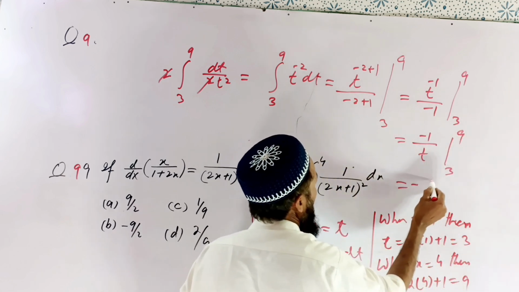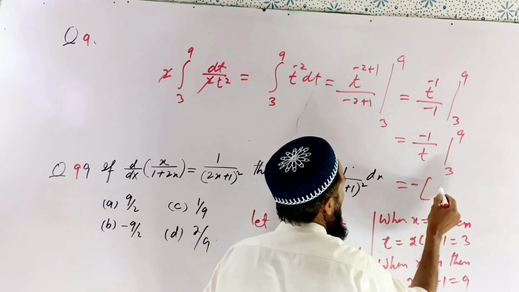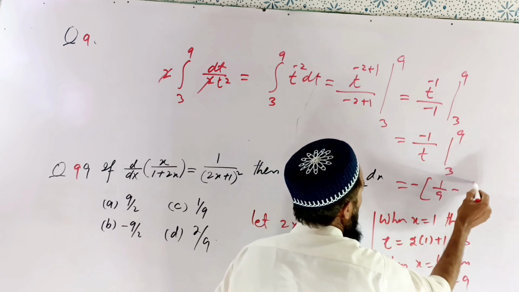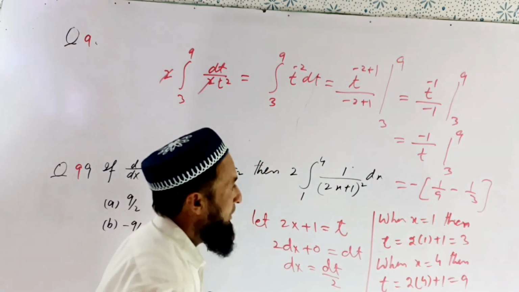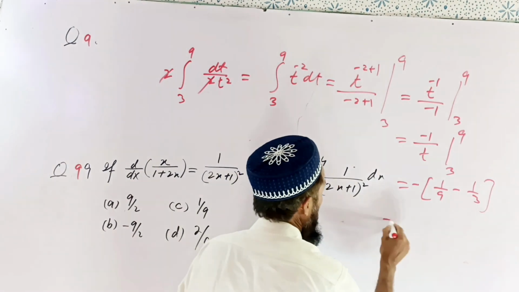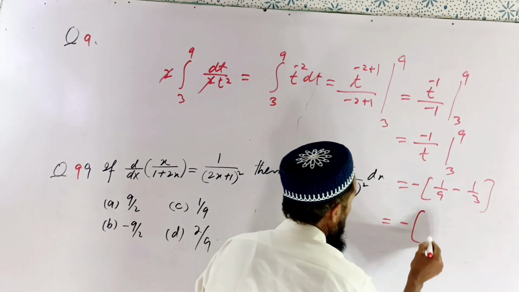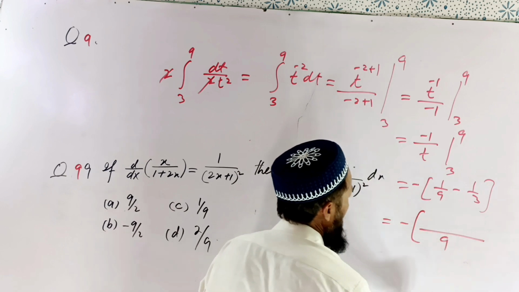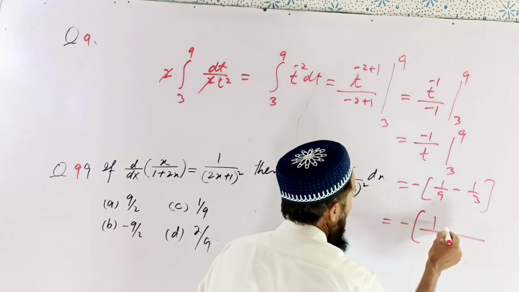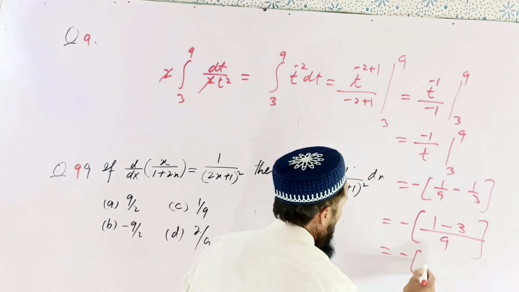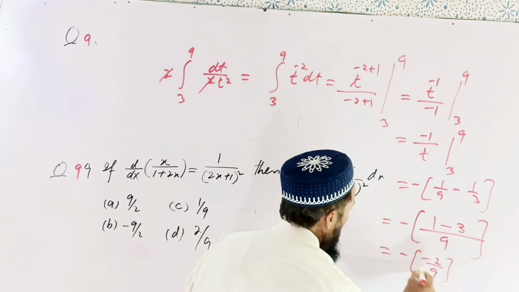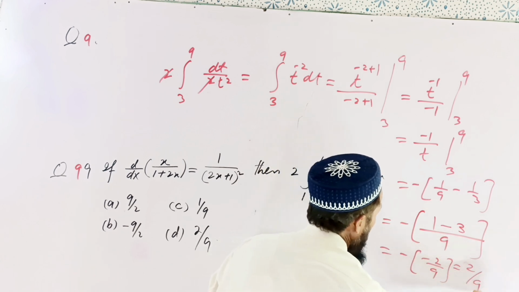So first we put the upper limit, 1 divided by 9 minus 1 divided by 3, and the minus sign is common from both. Taking LCM of 9, we get 1, and 3 multiplied by 3 gives minus 1, so minus 2 divided by 9, and we multiply by 2 divided by 9.